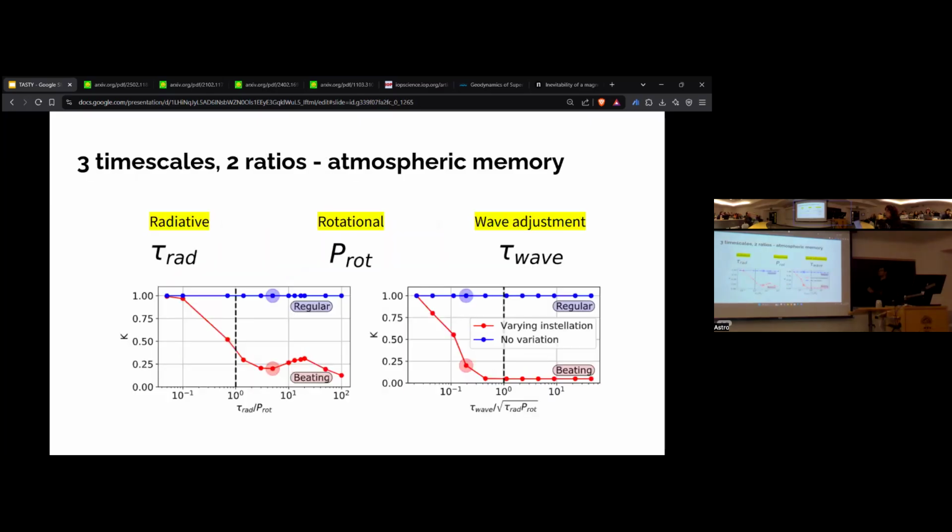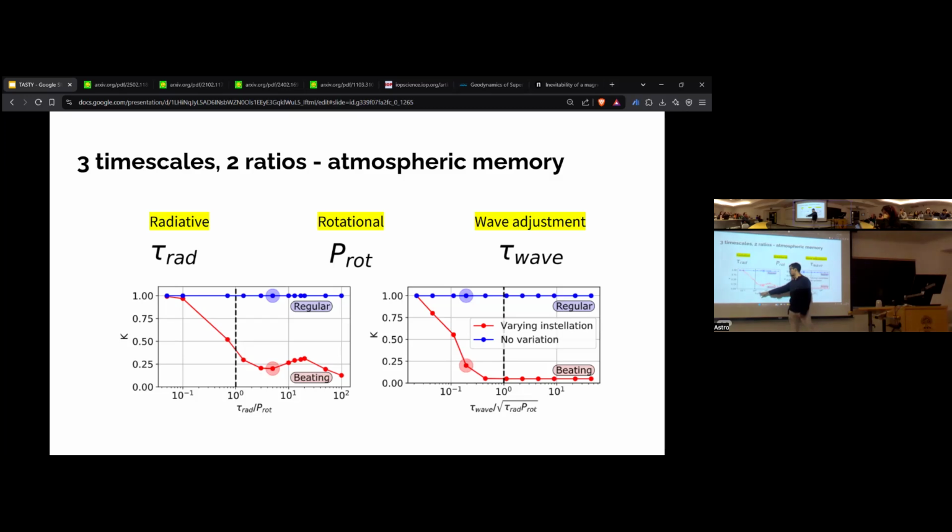And coming to the dynamics part a bit, we are able to find criteria that relate to the shallow water model, based on which we can differentiate whether the planet is going to show beating or not. It's a ratio of time scales, which is popular in literature.